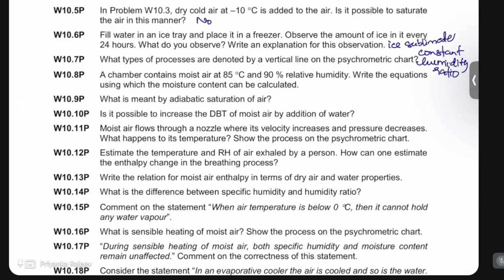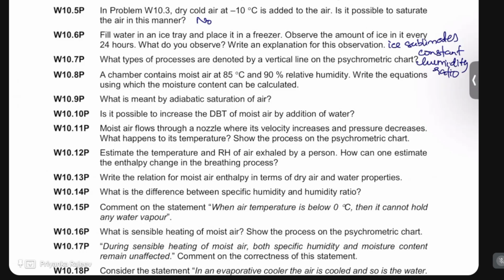So, constant humidity ratio, that is sensible heating or cooling. Processes where only temperature changes, not the moisture content. That is the vertical line.